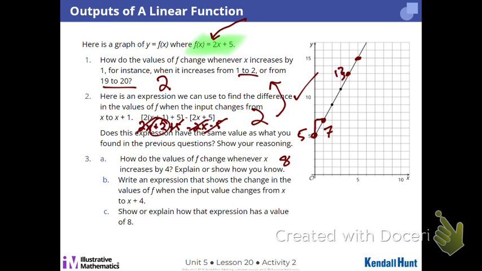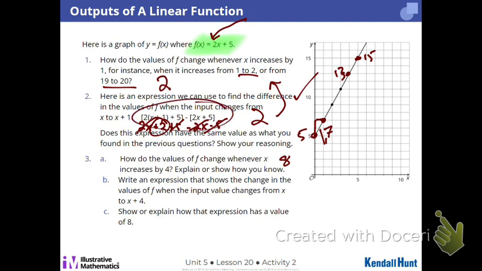No. 1 is 7. 4 more is at 5, it's 15. So from 7 to 15, I went up how many? 8. So it looks like as I increase my input by 4, I'm going up by 8, which makes sense. It's 2 for 1, right? So 4 for 8.